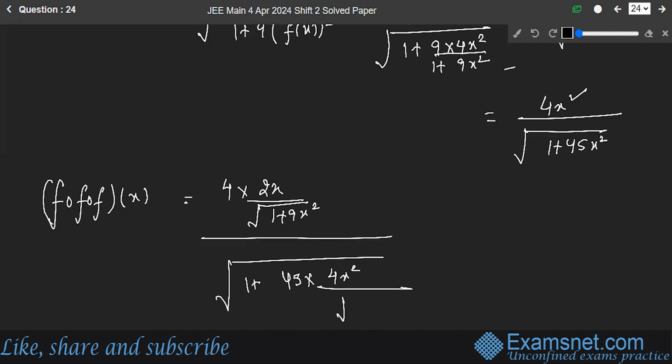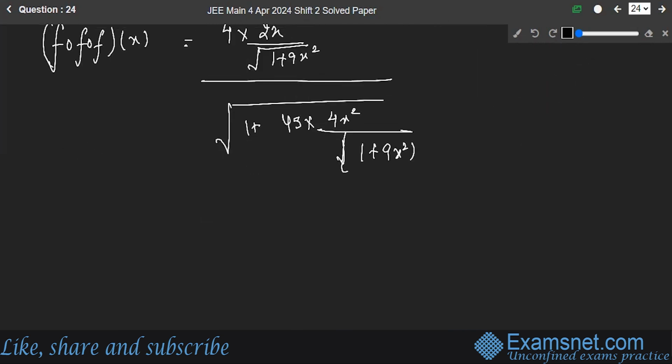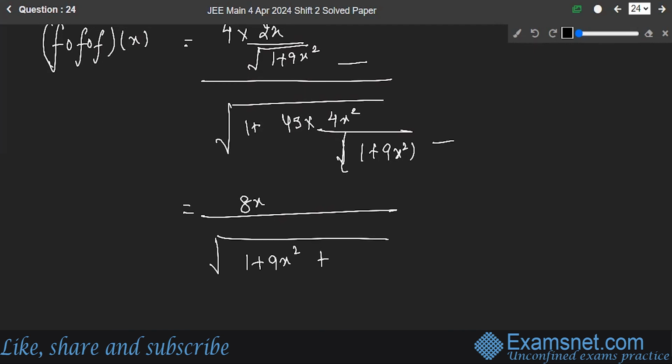Okay, so the root will go away, and this will be 1 plus 9x square. This will give me 8x. Again, the numerator and the denominator, root of 1 plus 9x square, will cancel out. And here the denominator will have 1 plus 9x square plus 180x square, so 8x upon root of 1 plus 189x square.